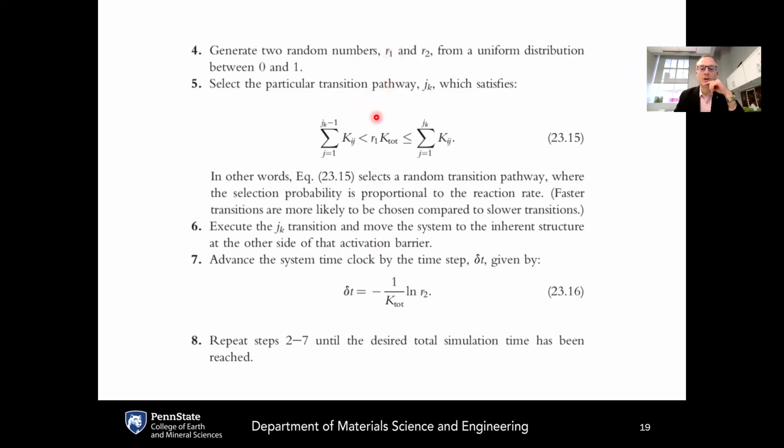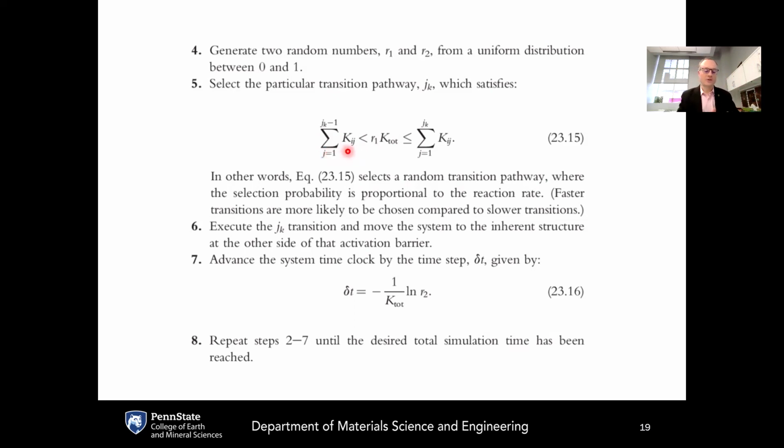This R1 variable is going to position us somewhere. It's going to select one of these transition pathways to take, which are weighted by how fast the rate is. If you've got a lower barrier, the lower barrier becomes a faster rate. That faster rate is more likely to be selected compared to one that has a slower rate or a higher barrier.